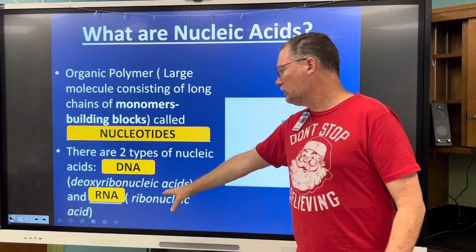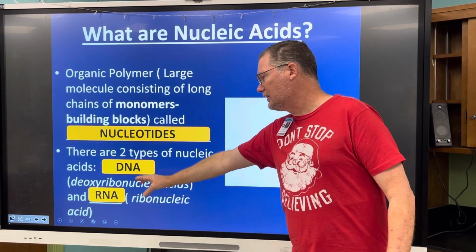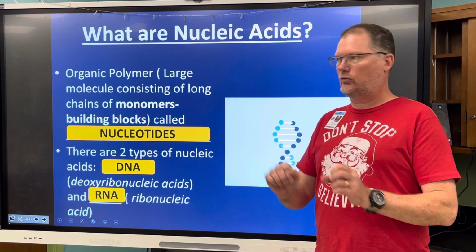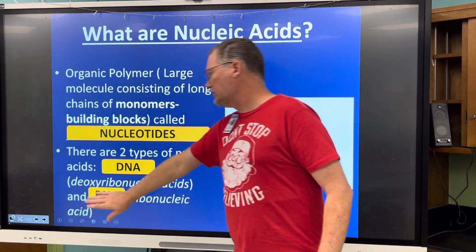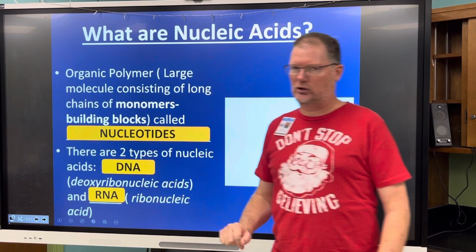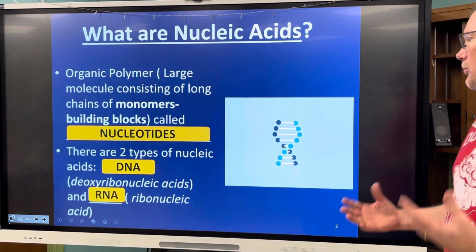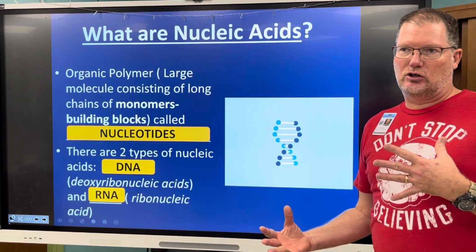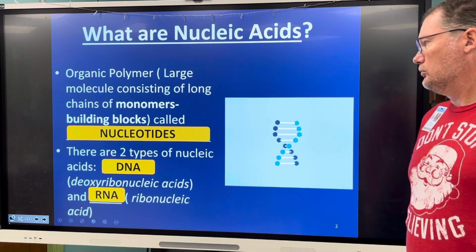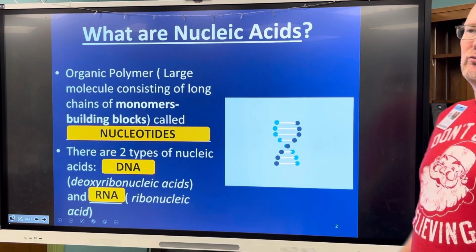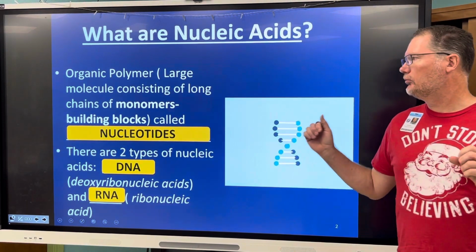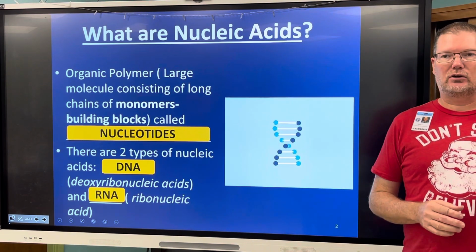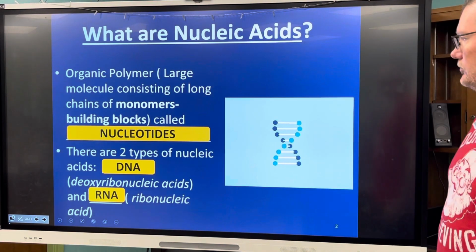You have ribonucleic, which is RNA, and deoxyribonucleic, which is DNA. So if you just take the deoxy off, you have ribonucleic. So there's a minor difference in their molecular structure, okay? The building blocks, remember, for nucleic acids are called nucleotides.